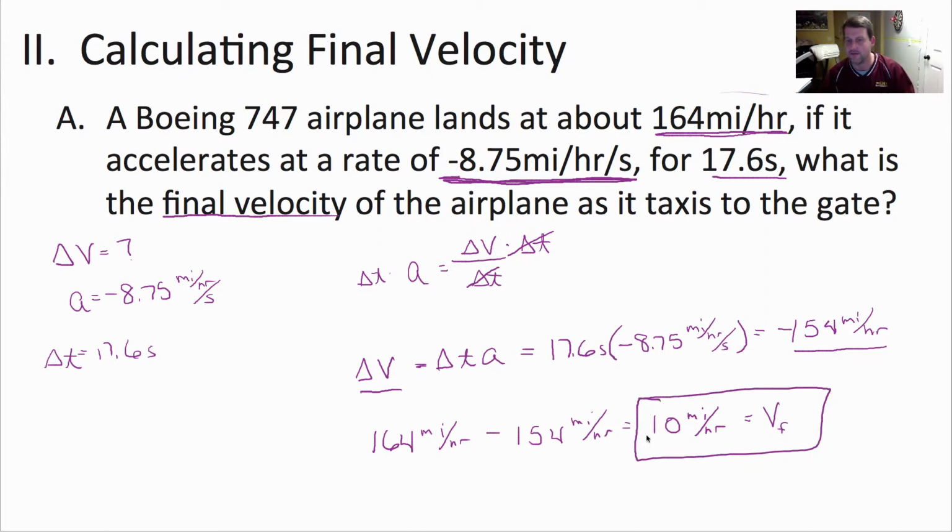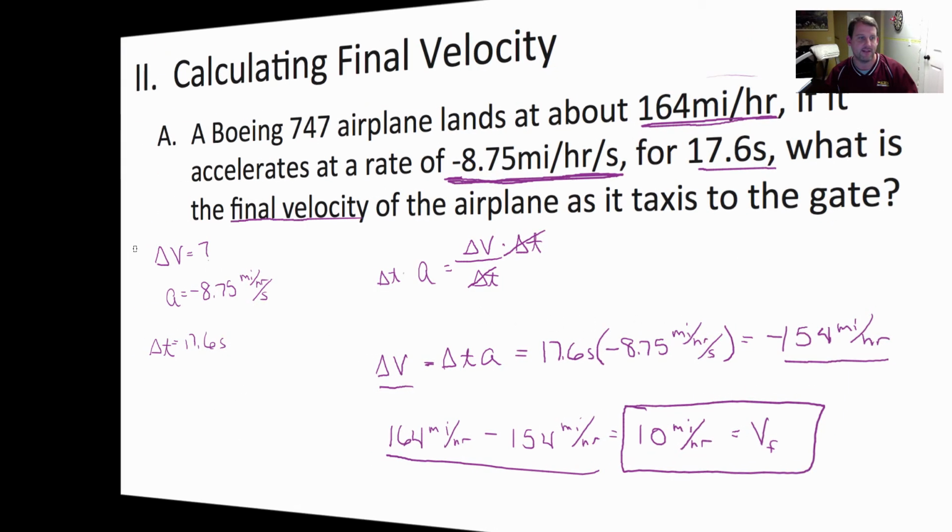And that is our final answer. Don't forget this last part. When you solve for delta v, it's how much you've sped up or slowed down. You have to use that and think through how to incorporate the other velocity to see how fast you're going at that point. All right, fantastic.